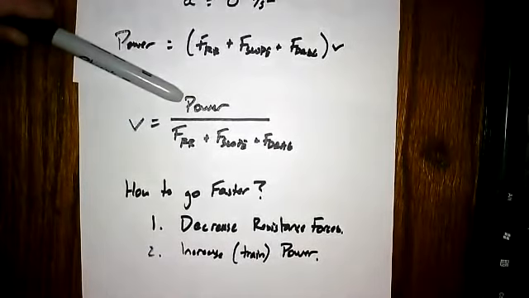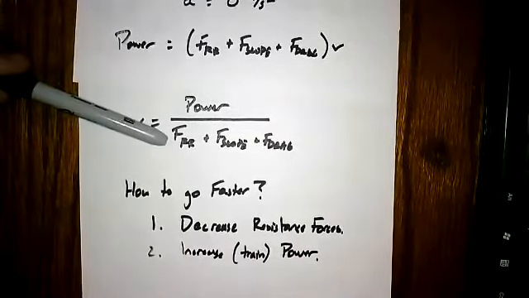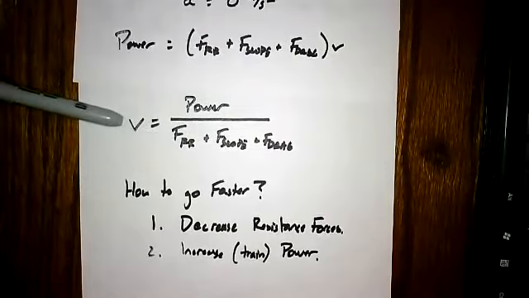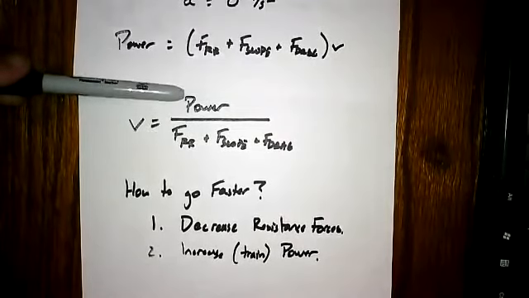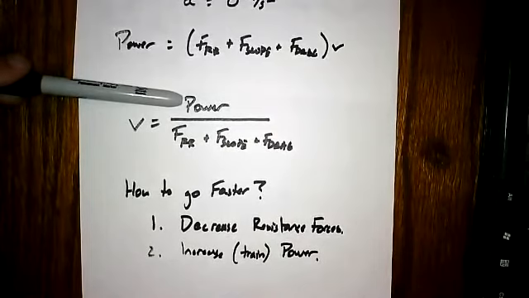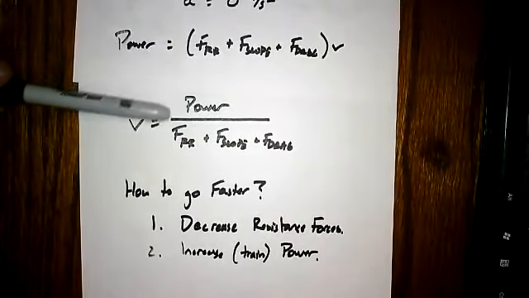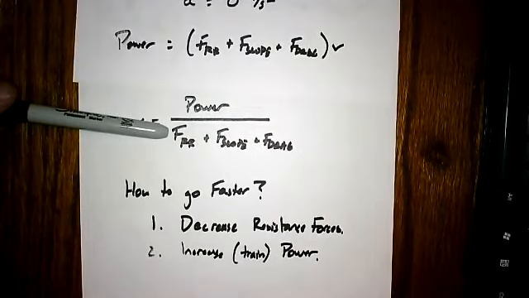I either increase the numerator or decrease the denominator in order to make this V as big as possible. So either train hard to increase my physiology and my technique of pedaling so I can have a greater amount of power, or decrease all the resistance forces. And obviously you want to do both.